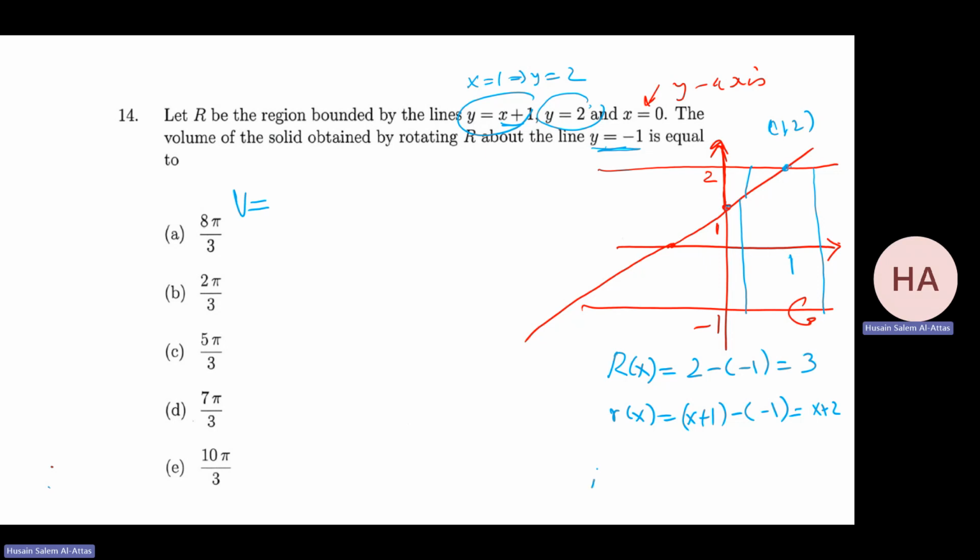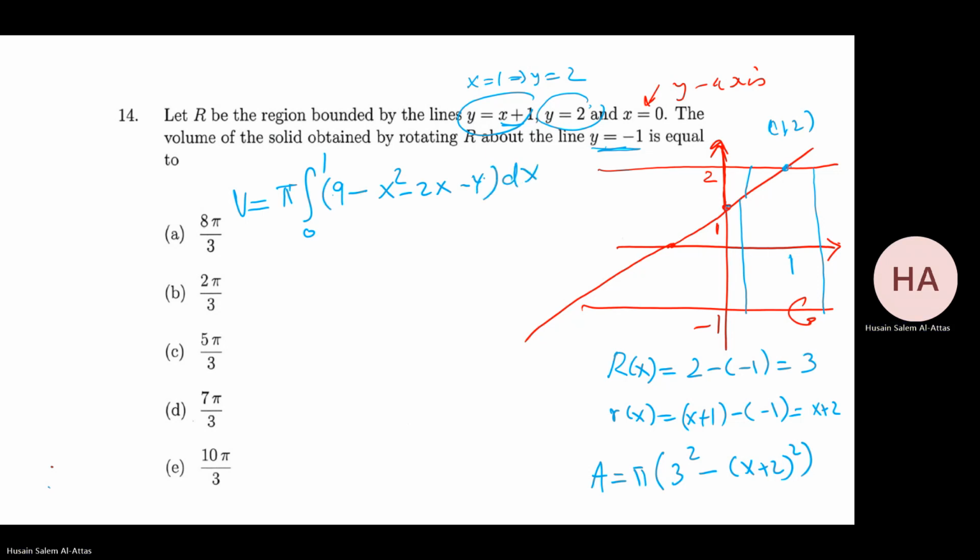Now, what is the volume? It will be pi times 3 squared minus this square. It's a matter of calculation. So it's pi times the integral from 0 to 1 of 9 minus (x squared plus 4x plus 4) dx.